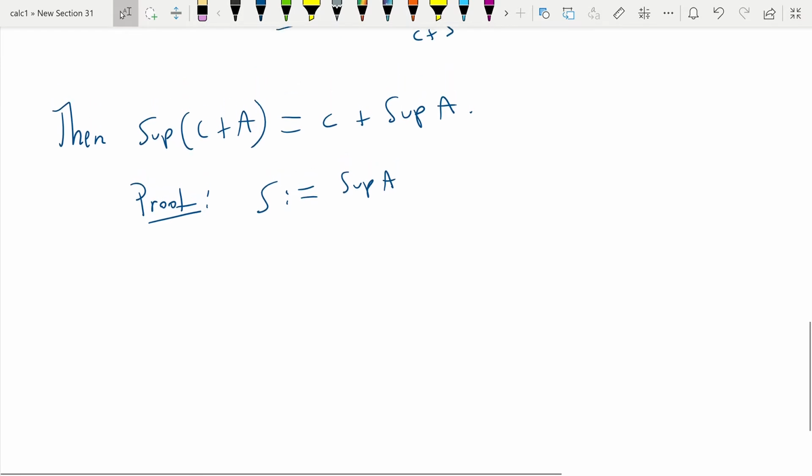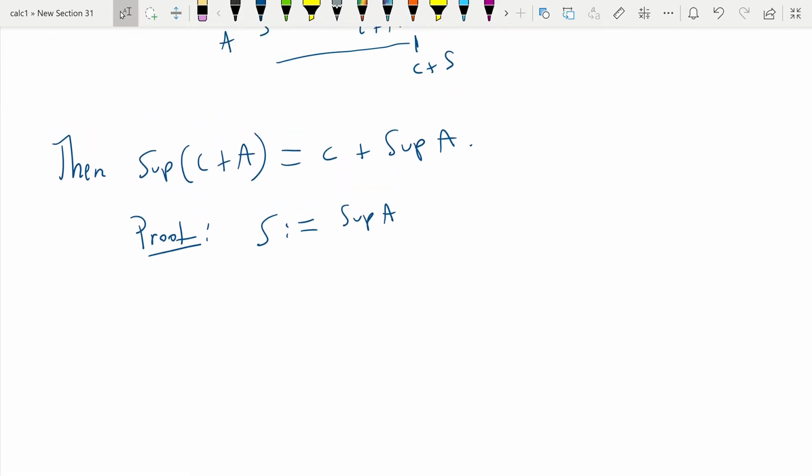So what do we want to show? We want to show two properties.